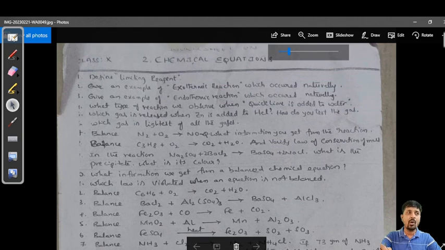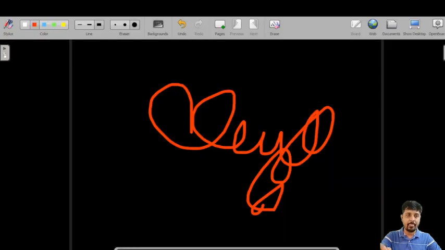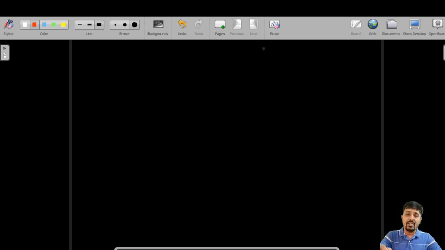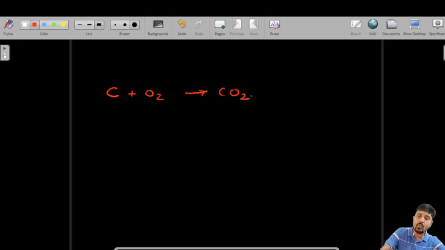So what is called a limiting reagent? Let us take a chemical equation: C plus O2 gives CO2.